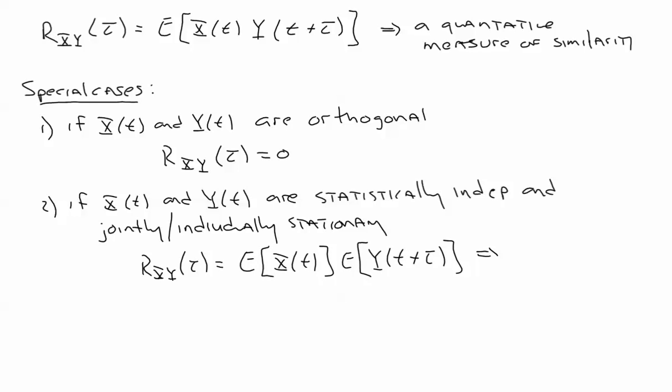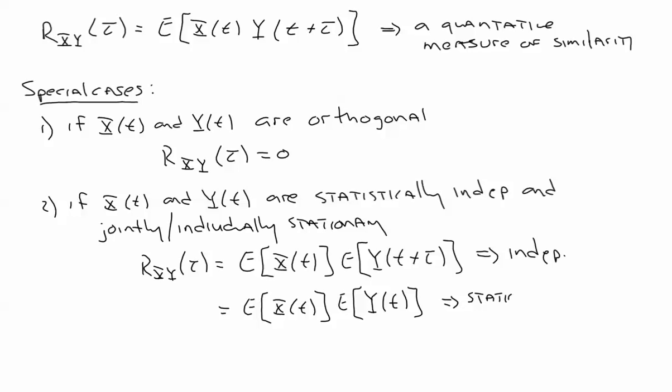So I get this far because they're statistically independent, but they're individually and jointly stationary. So this means that I can drop the shift parameter tau, and then that's just the mean of x times the mean of y.